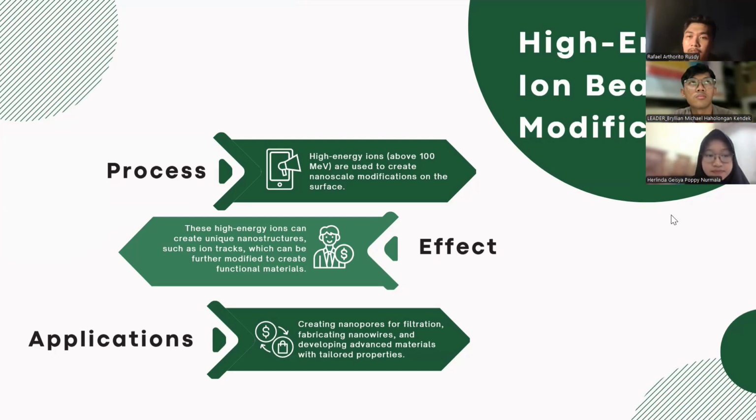The effect of this method is to create unique nanostructures such as ion tracks, which can be further modified to create functional materials. The applications of high energy beam modification are creating nanopores for filtration, fabricating nanowires, and developing advanced materials with tailored properties.